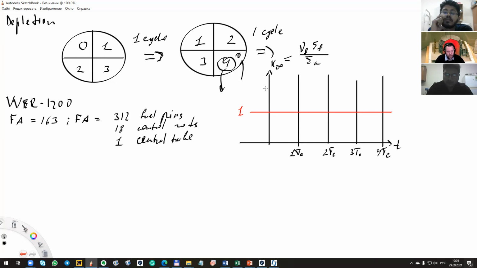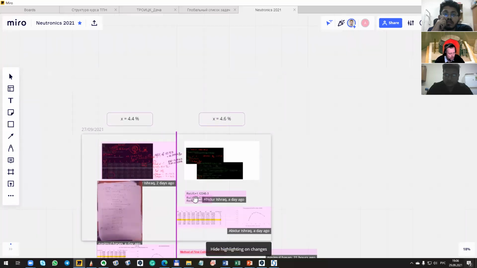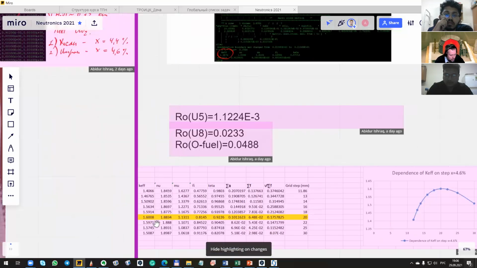When there is fresh fuel, this point is designated K-infinity 0. Actually, K-infinity 0, you already calculated, 1.3 something.